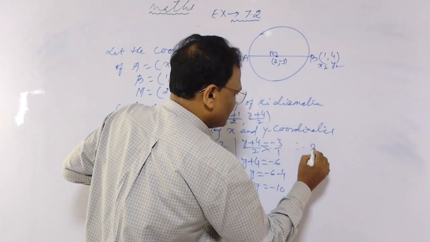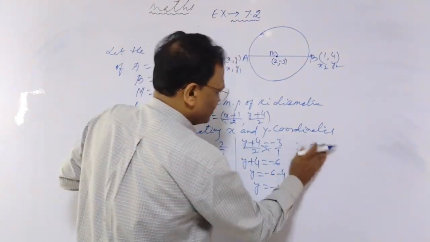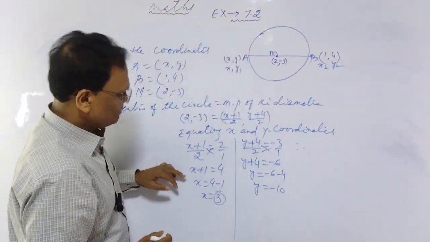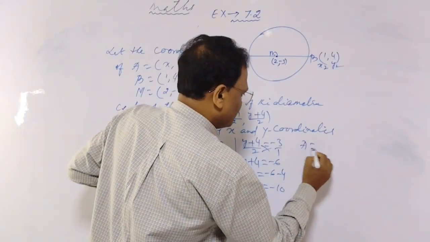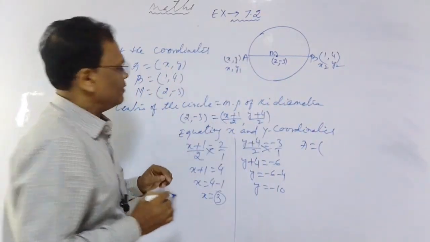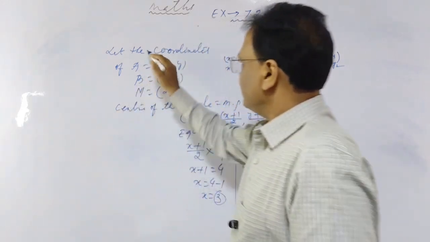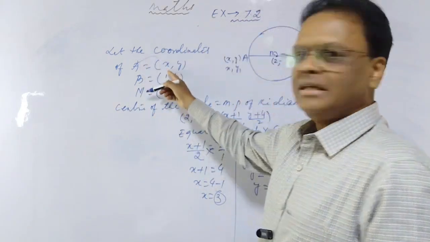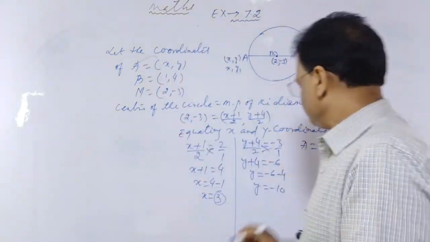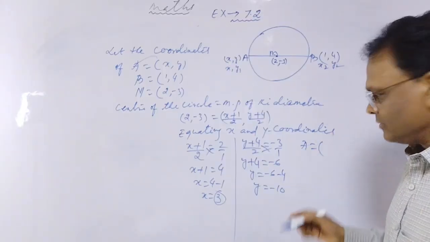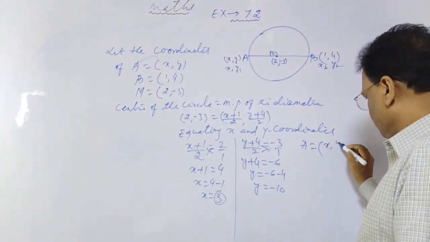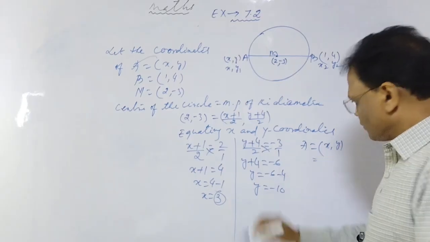So both the coordinates, x and y, give the coordinates of A, which I took initially. What did I take initially? Let the coordinates of A be x, y. I got x and y. So the coordinate of A, which is x, y, I got.